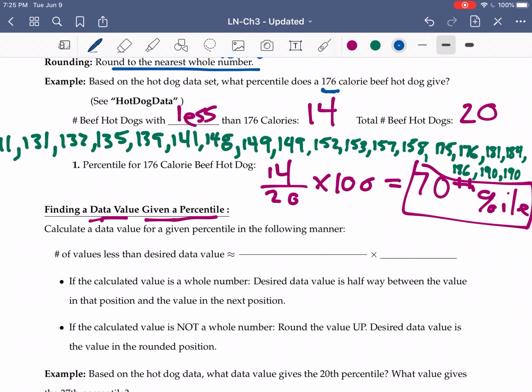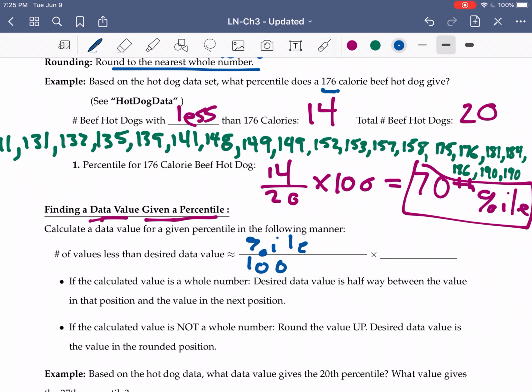So what we want to do is first find the approximate number of values less than the desired value. To do that, we take the percentile that we're trying to find, divide that percentile by 100, or write that percentile as a decimal.